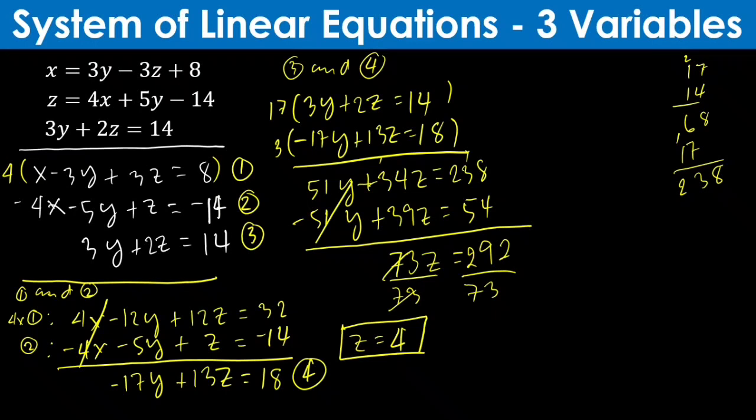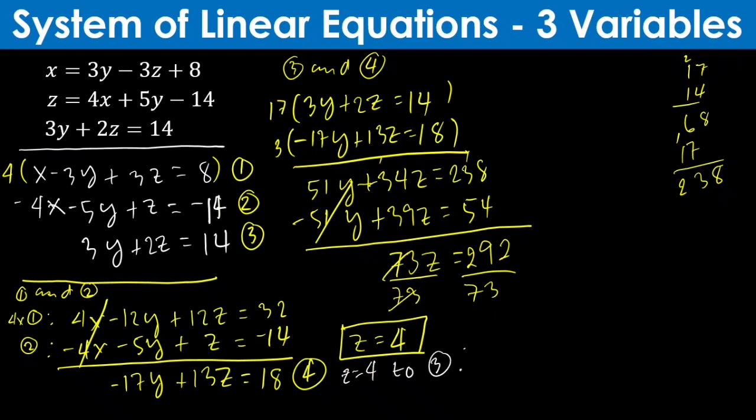Alright, now we can substitute our z equals 4 to any equation, number 4 or equation number 3. We can try any of these. I'll try equation number 3. So substitute z equals 4 to equation 3.